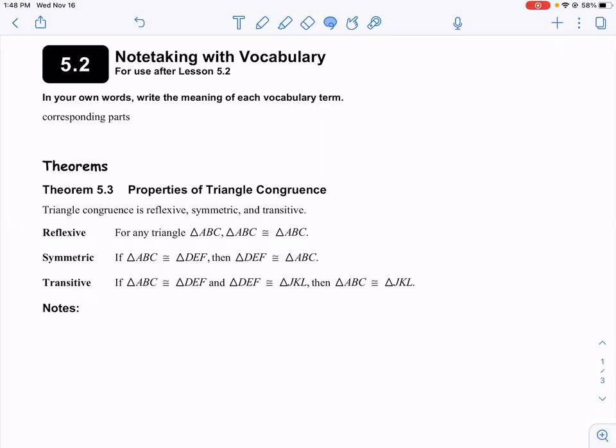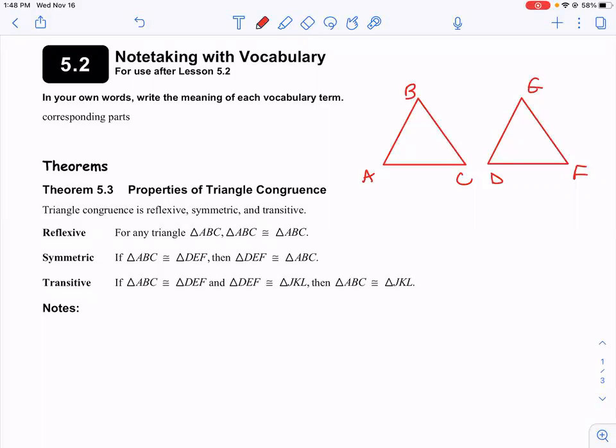Okay, Ben. In the picture, here's two triangles. Okay, so I'm telling you that ABC is congruent to DEF.